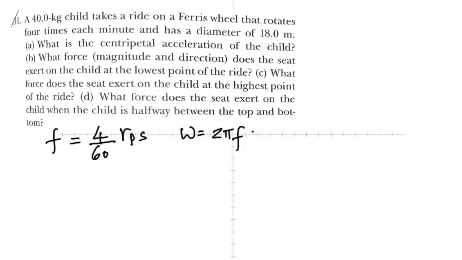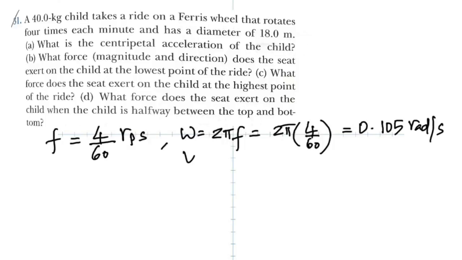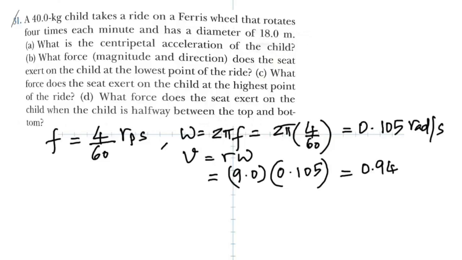Find omega. Get 0.105 radians per second. Find the linear velocity using r omega. And once you get that, find the centripetal acceleration using v squared by r.